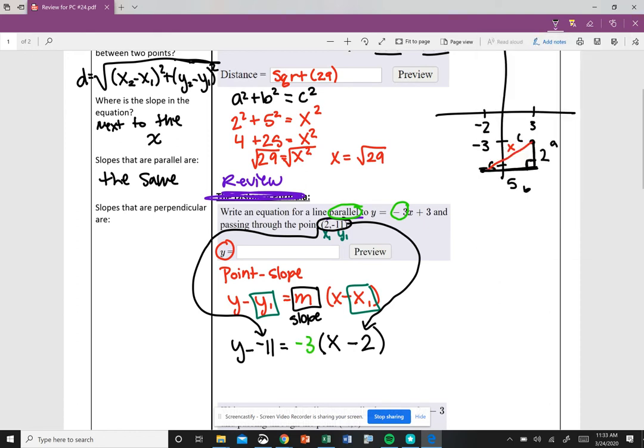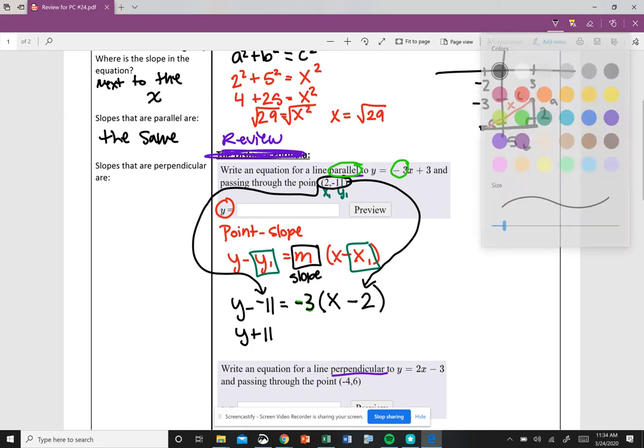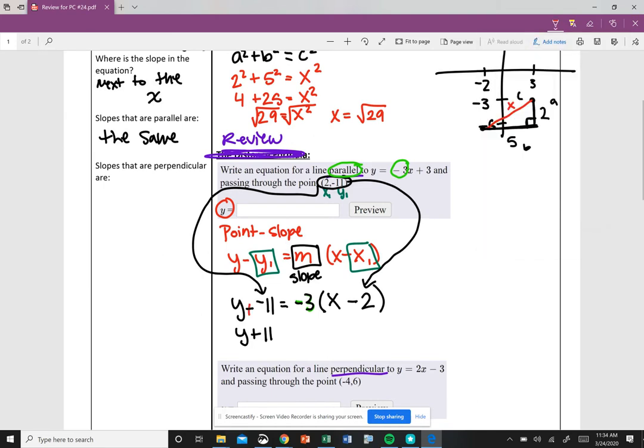Yes, there's a reason I did it in that color and then this color. It's so that you can tell I'm talking about slope, which I've highlighted in green. Okay, now this says y equals. So I'm actually going to remember that whenever I'm subtracting a negative, this is really plus. So this is y plus 11, because minus a negative is the same thing as plus a positive.